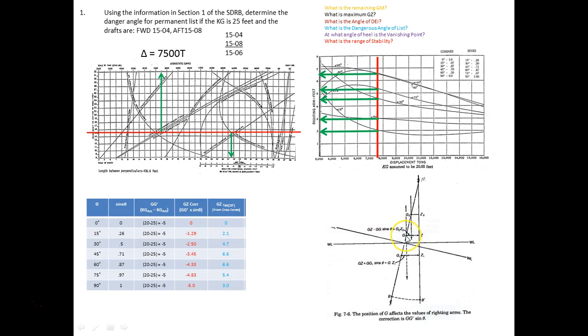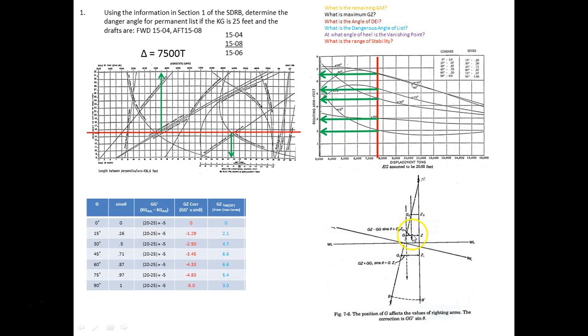Well, why are we doing that? Look here. At a KG of 20 feet, GZ is represented by this line. But at a KG of 25 feet, GZ is represented by this line, which is shorter than this one by a distance of this. This is how much GZ is going to decrease between a KG of 20 and a KG of 25.